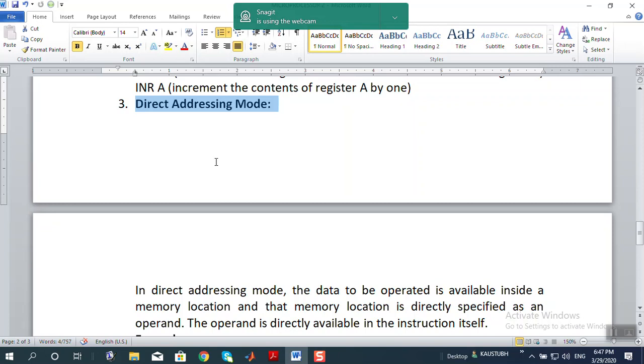Suppose you are adding, moving or copying some data from the memory. Your data is somewhere in the memory. Now along with the instruction, if you are giving the memory address of the memory location where your data is there, then it is a direct addressing mode instruction.